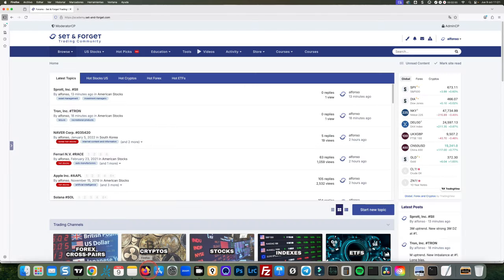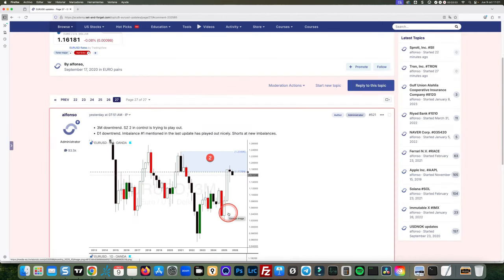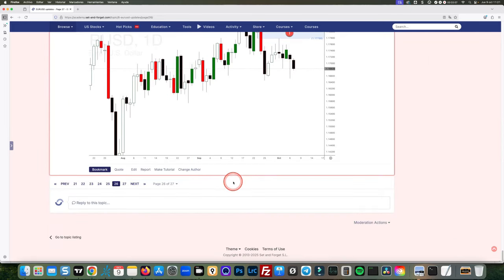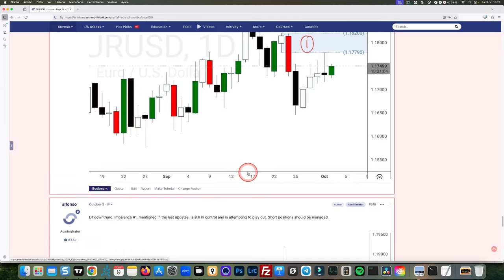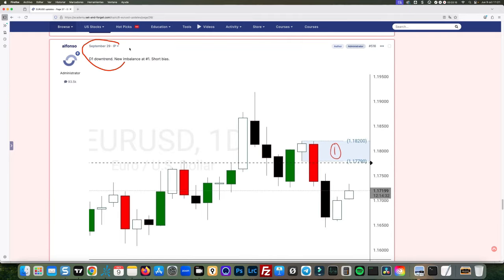So if we go here, the website, so don't forget, and I search for the euro dollar, you're going to see the updates. Let me see. Let me go back. So for example here, September 29th, daily downtrend, new imbalance at 1, short bias, waiting for the pullback.